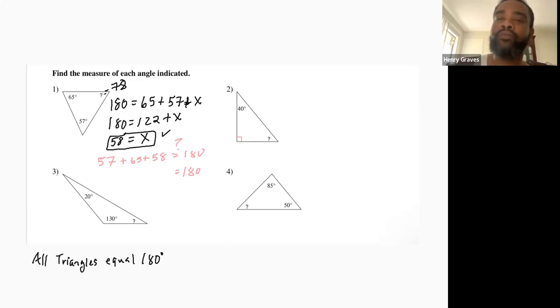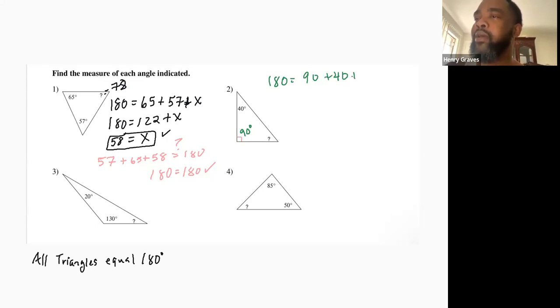Now, number 2, again, they gave us this square. You guys know this is a right angle, and right angles are 90 degrees, right? So I'm going to do 180 is equal to the 90 degrees that is here, plus the 40, and this, I don't know what it is, the question mark, I'm going to call it X. So 90 plus 40 is 130 plus X. And if I subtract 130 from both sides, X is going to equal 50.